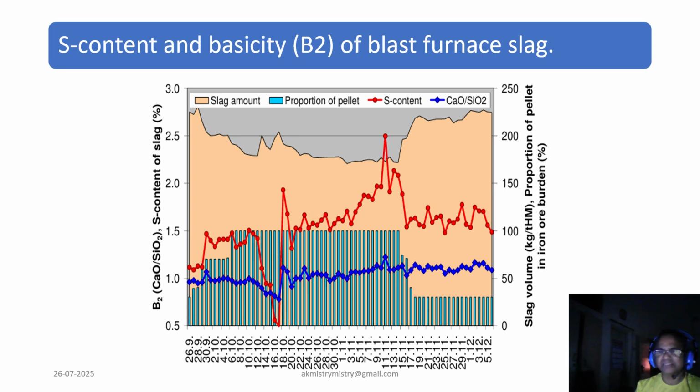As the basicity peaks, sulfur transfer improves. Slag volume and pellet ratio factor into slag chemistry. So these highlight the need to monitor not just flux amount but also their chemical impact.